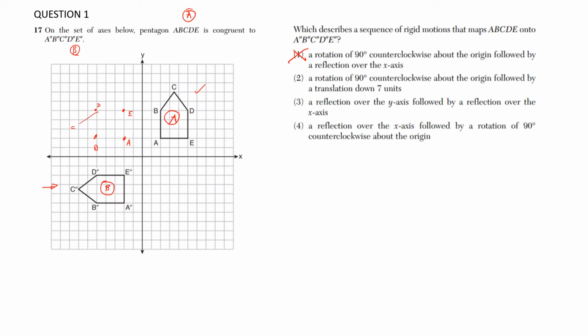Now it's saying we're going to do that same rotation as in answer choice 1, but now translate it 7 units down. So this one will go 1, 2, 3, 4, 5, 6, 7. So that goes to A, so that's good. And if you look at it, all the shapes, because it's a rigid motion, will translate to their corresponding letter. So we could be pretty confident here that choice 2 is the answer.